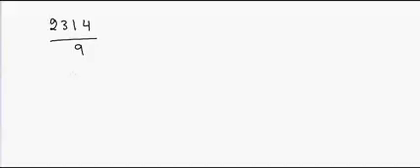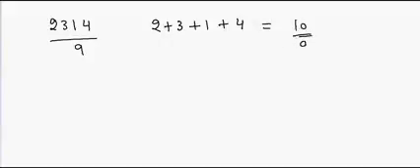In that case, what we will do is we'll add all these four digits together. So 2 plus 3 plus 1 plus 4, that will give me 5 plus 1, 6 plus 4, 10. So if you divide 10 by 9, you will get 1 as a remainder. So your remainder would be 1 in that case.